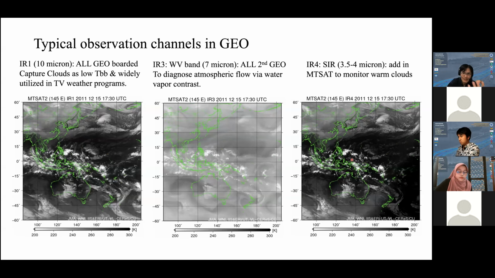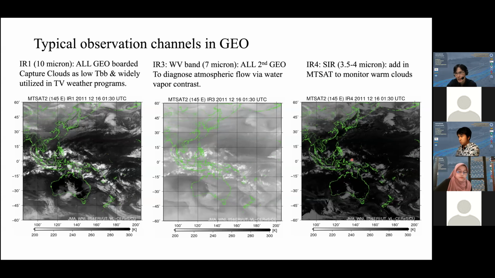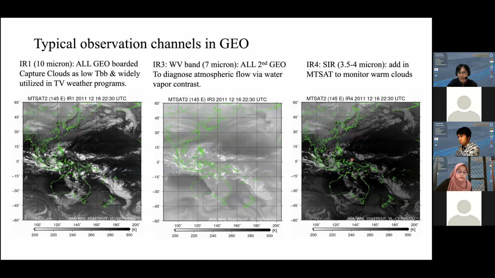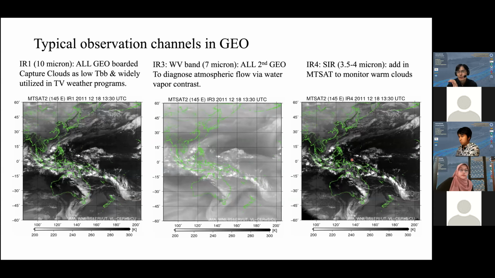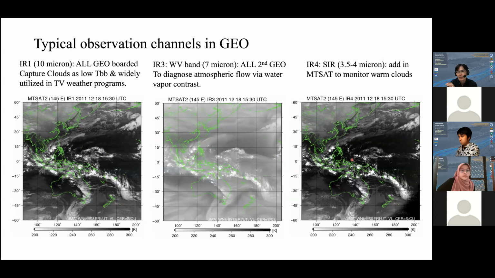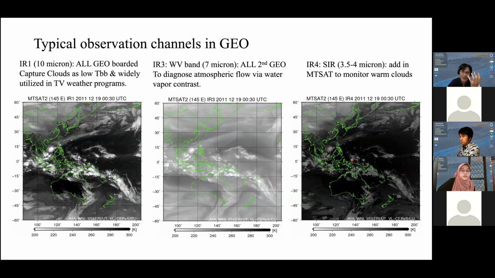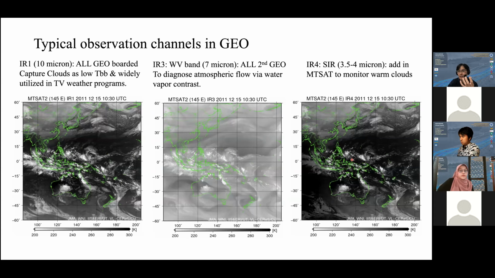but in the case of visible wavelengths, they cannot be used during the night time. But these shortwave infrared radiometers at 3.5 and 4 micrometers are influenced by both sunlight and the Earth's own emitted wavelengths.